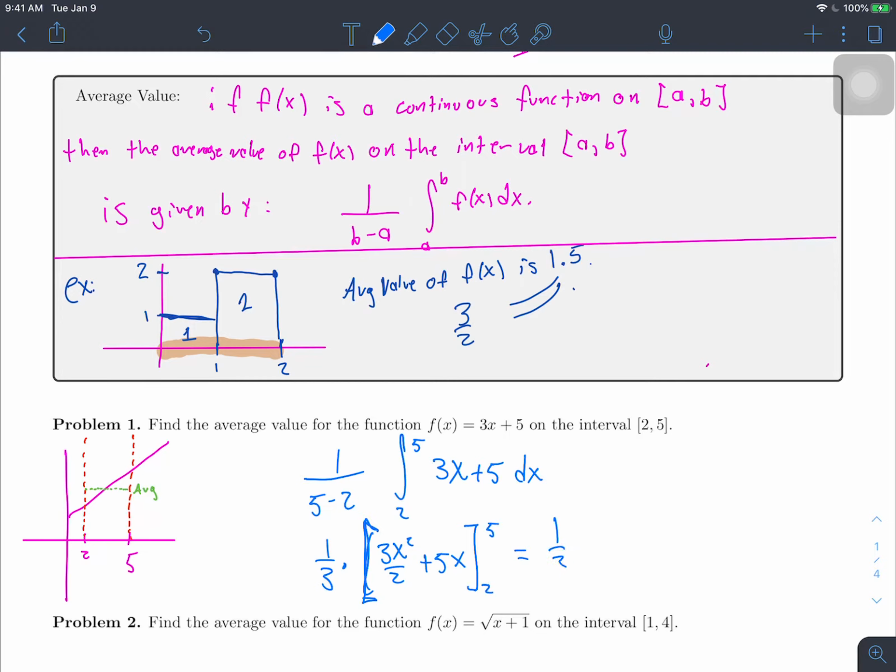So we'll take 1/3 times, in here we'll have 75 halves plus 25, and we will subtract from that 12 halves, so 6, plus 5 times 2 is 10.